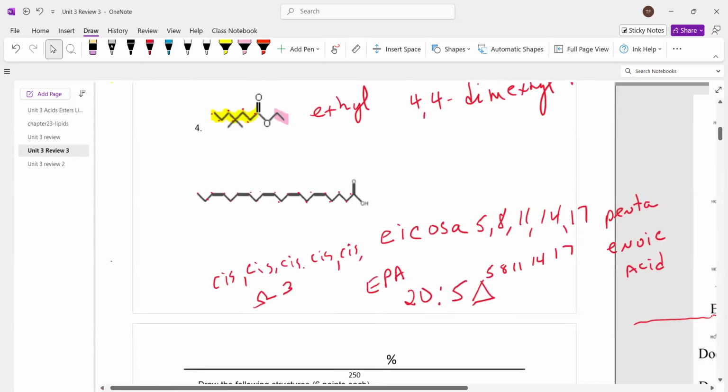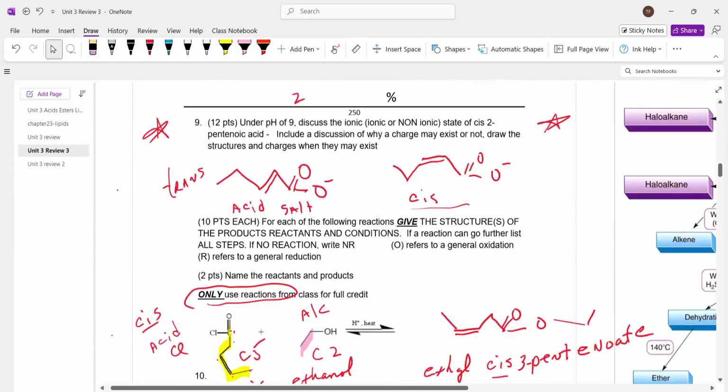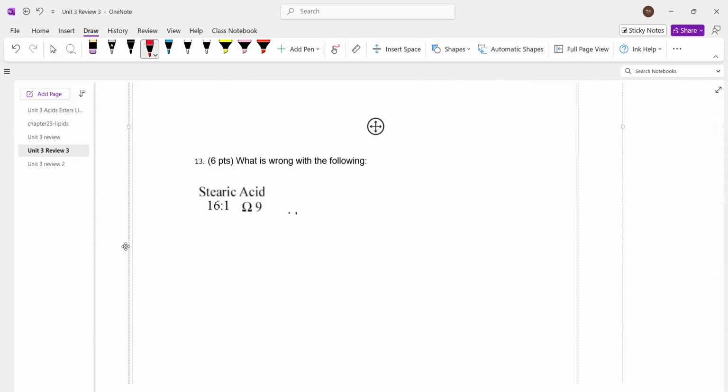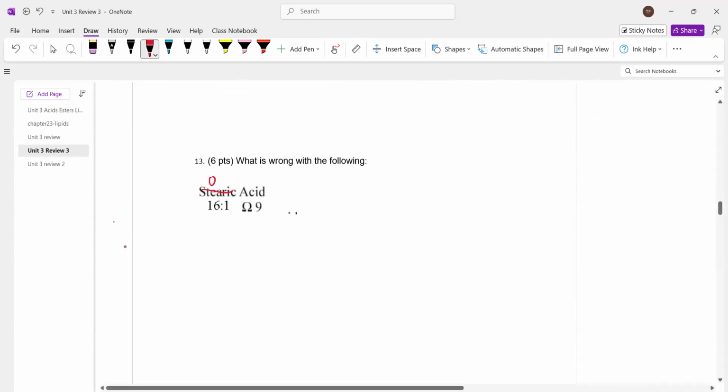So there's a lot of ways to correct this. One way is we could rename this oleic acid, which is 18, 1, delta 9.